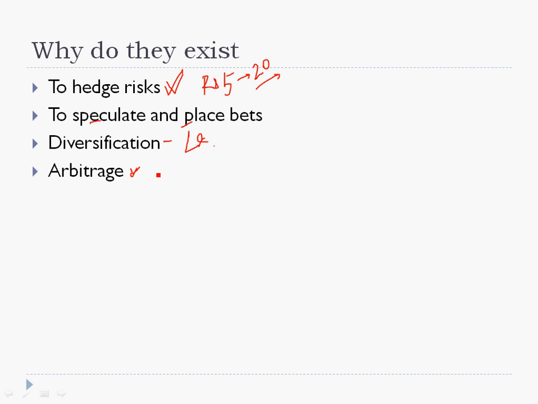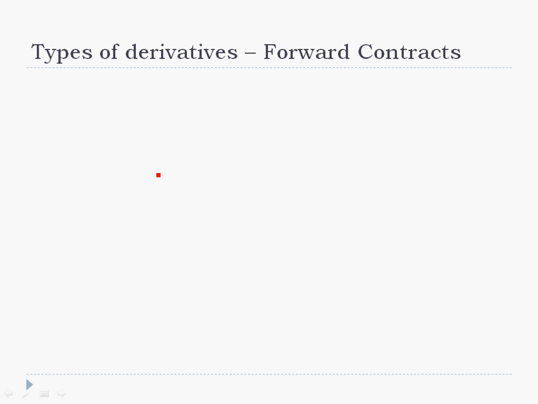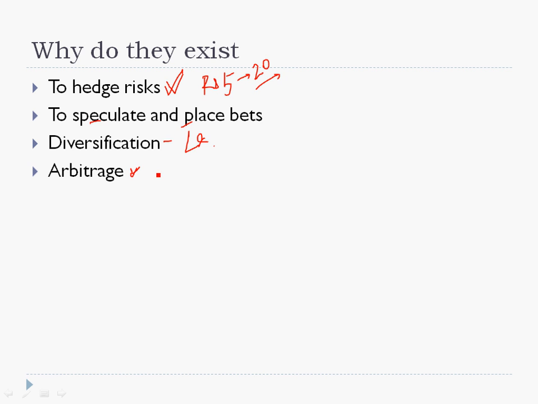So you could buy derivatives in Delhi as well as in Hyderabad and use them as a tool to manage your risks and earn profit. So these are 4 basic uses of derivatives. The essential, most well defined and most logical use is to hedge the risks, right? So big companies try to use derivatives to hedge their risks. So to hedge the risk is the most important function of derivatives.